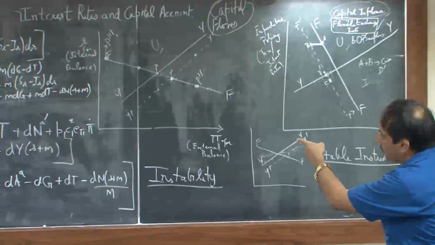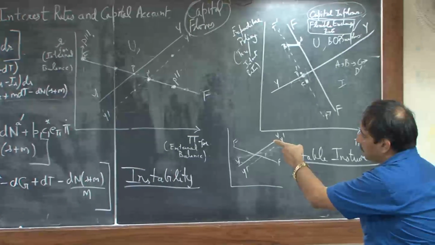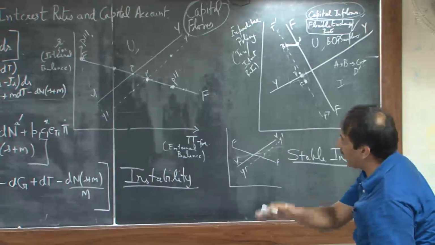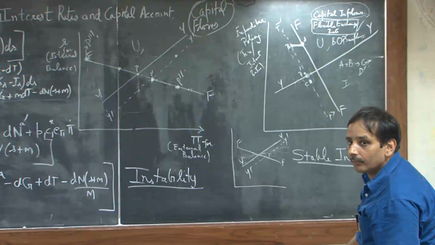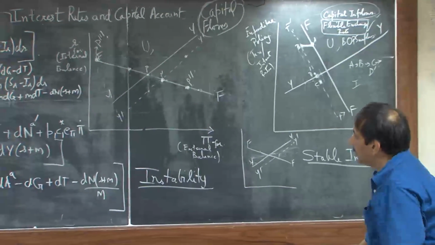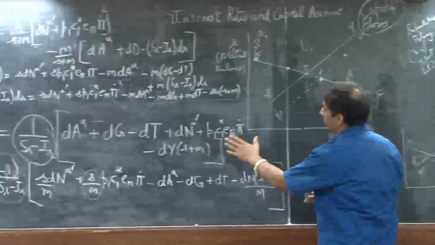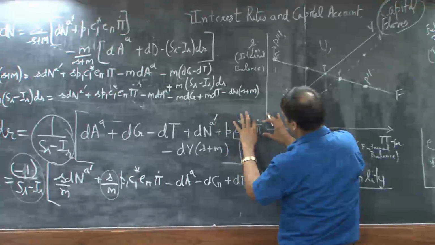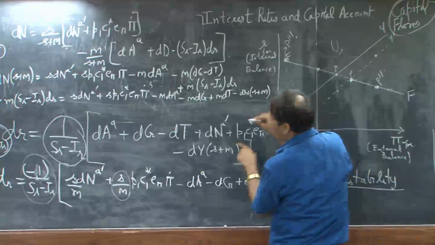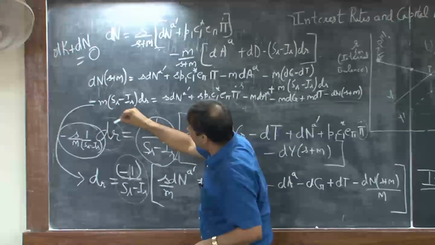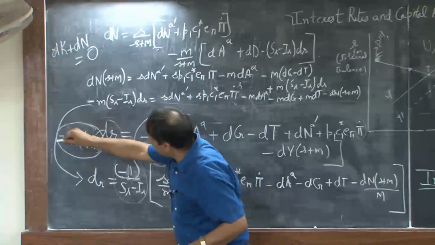What is the relationship between rate of interest and the exchange rates? The others are of course the shift factors, but the slope means that we want to understand this impact on the dr, which works out to be this.